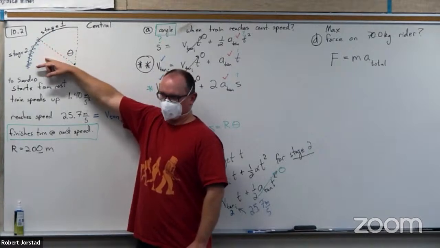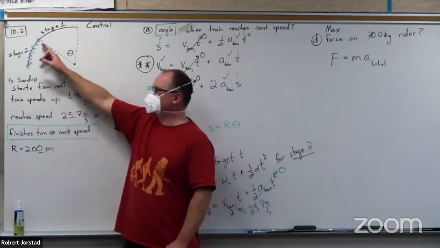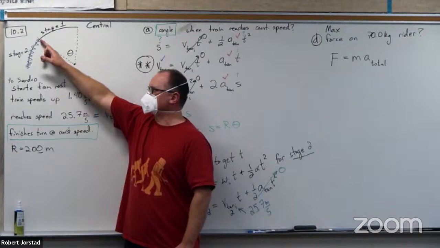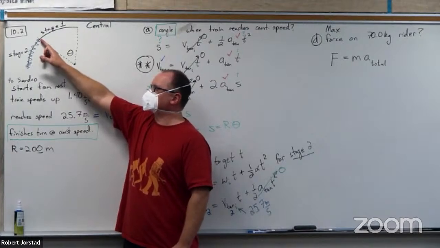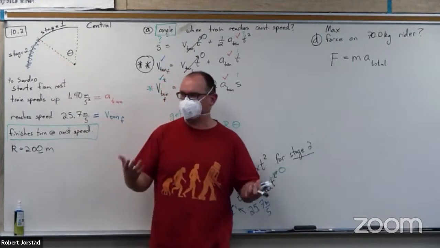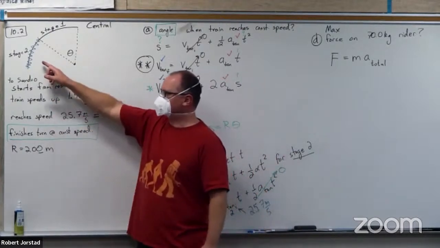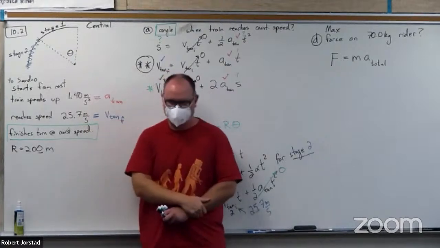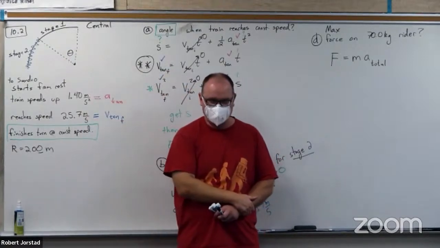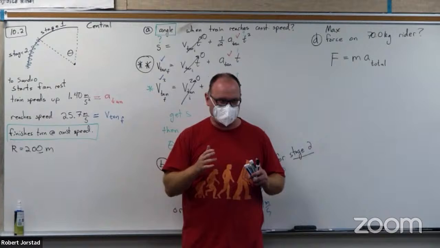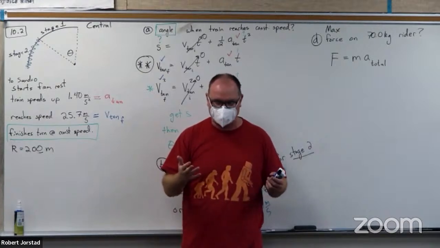All of stage 2. AC, because there, your speed is maximized right here. So from this instant, the end of stage 1 till the end of the problem, AC is as big as possible. What happens to A tangential in stage 2? 0. At what instant in time will the rider feel the most force?